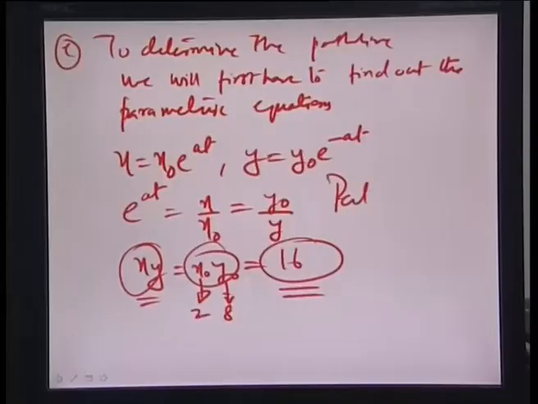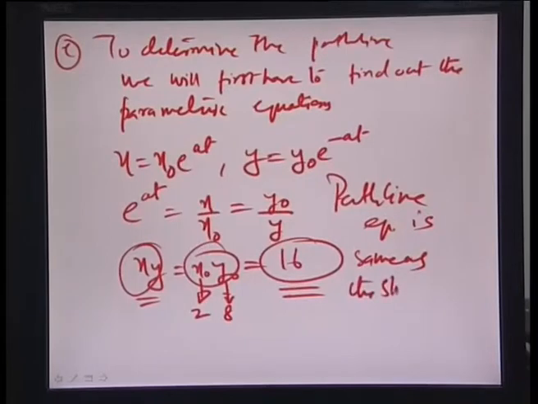So, therefore, the path line equation derived here is the same as the streamline equation in this example.